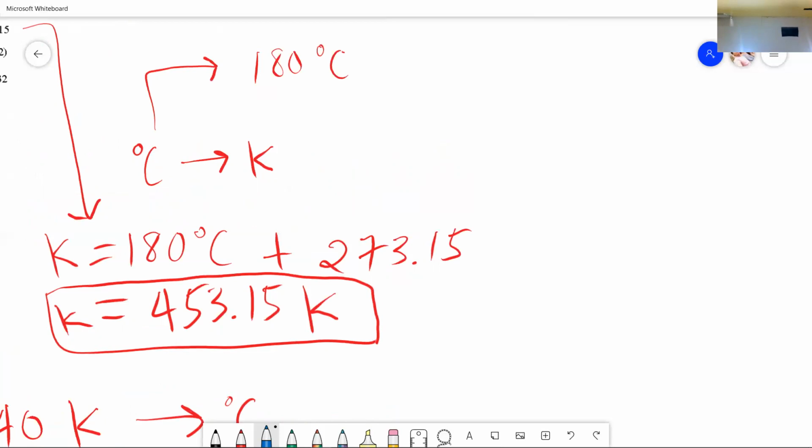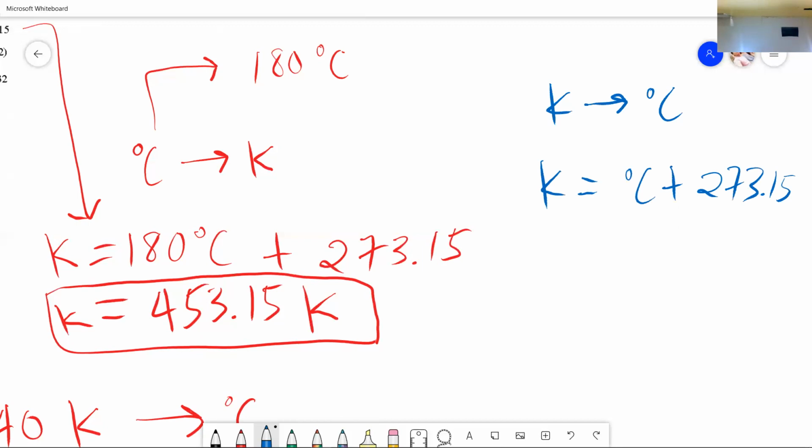Based on our equation, K is equal to degrees Celsius plus 273.15. The temperature we had in Kelvin was 453.15.